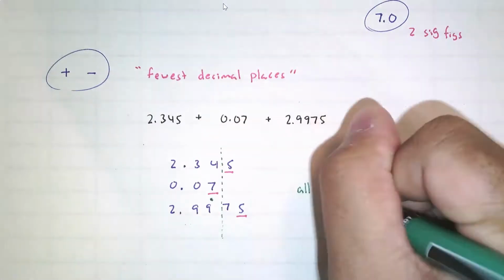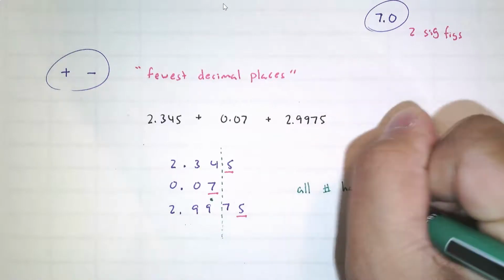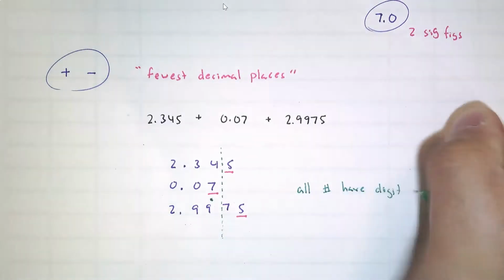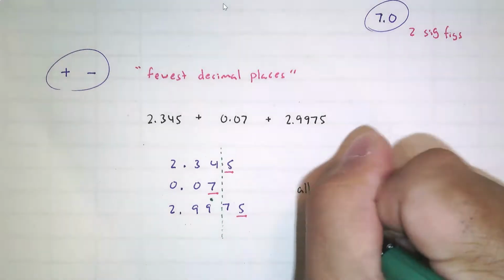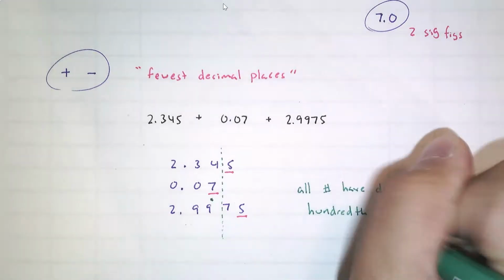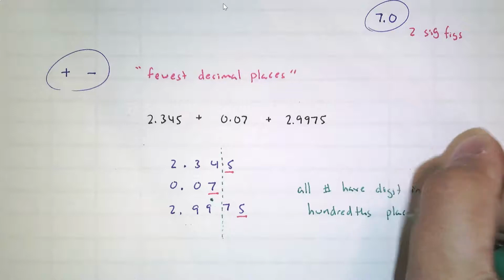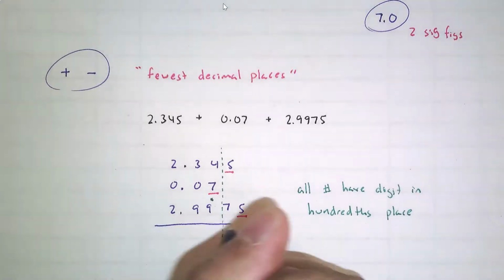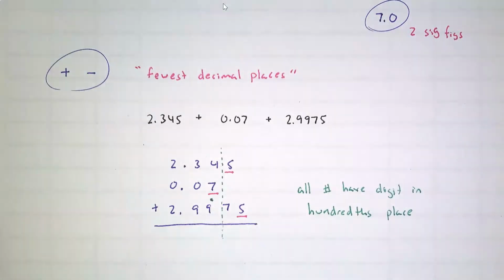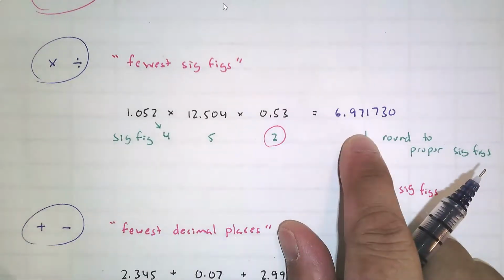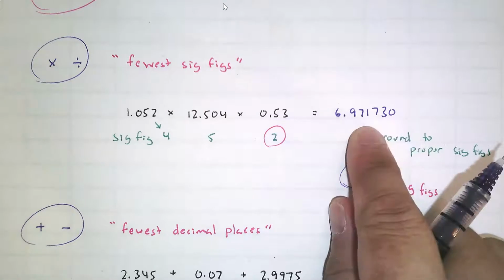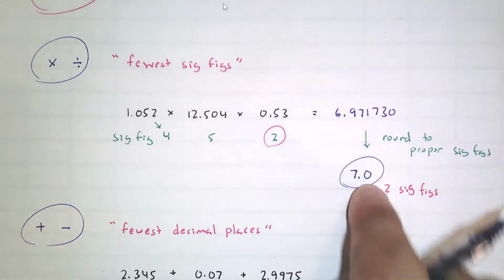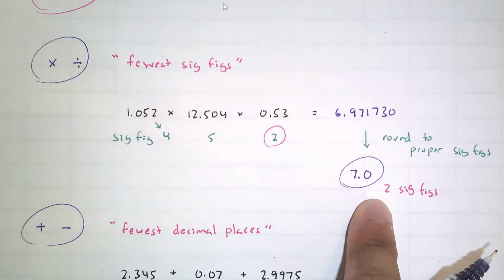So all numbers have a digit in the 100th place. Your answer should go to the 100th place as well. We're doing addition. Again, just like we did for multiplication and division, you punch in the numbers in the calculator, and I like to write out the number that's been unrounded. And then I round to the proper number of sig figs, and I circle the answer.